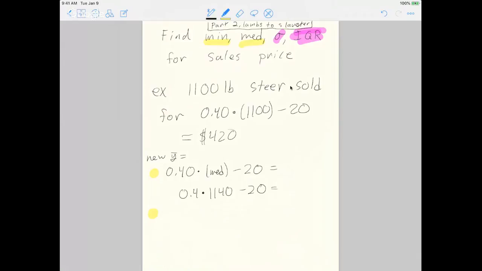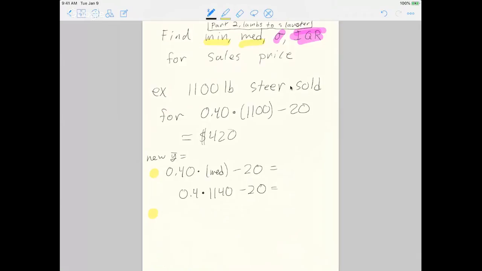Okay, so what would the median for our price be? Well, I just take that 1140 number, multiply by 0.4, right? 40 cents, and subtract off 20. And I get that my new median is $436.